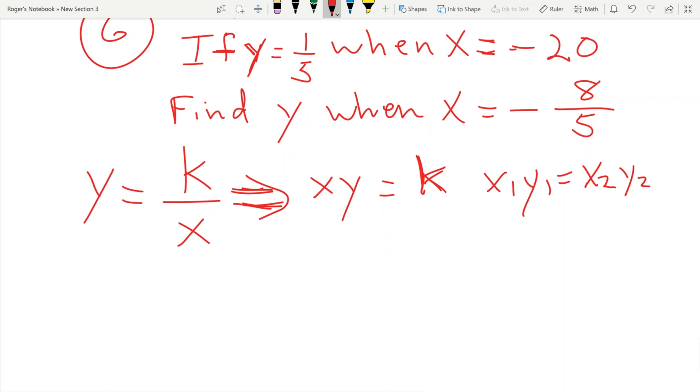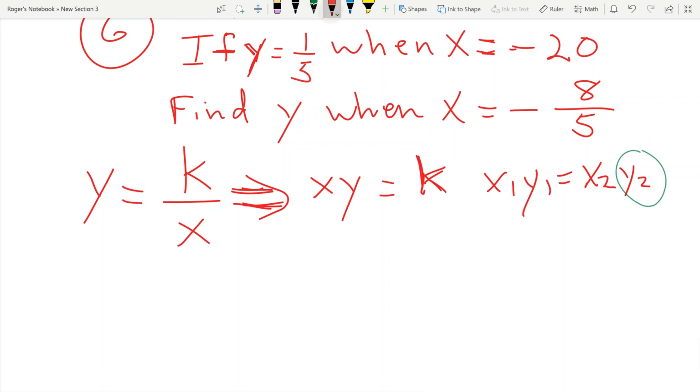So if y equals 1/5 when x equals negative 20, then find y when x equals negative 8/5. That means we're looking for the second y. So we divide both sides by x2, and we will have y2 by itself.